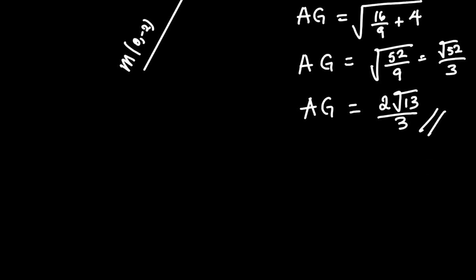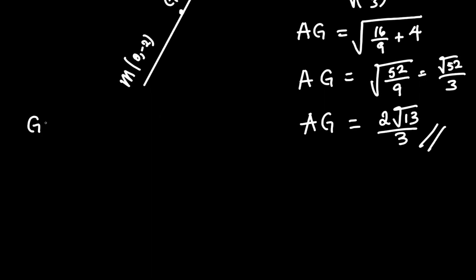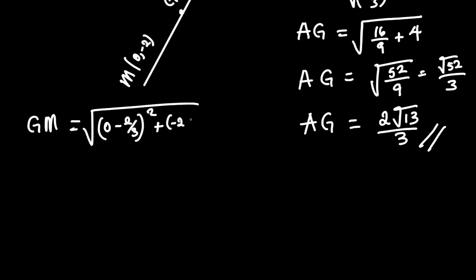Now let's move quickly to the same diagram to look for GM. Now this is GM, the same length of a line. Of course, in this case, we are going to have 0 minus 2 over 3 all squared, then plus minus 2 minus 1 all squared.